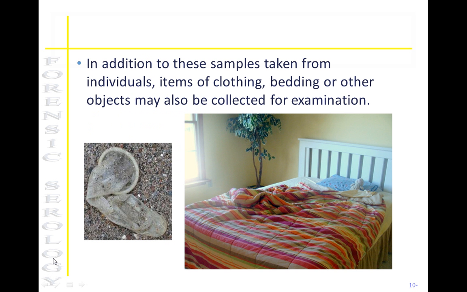In addition to the kits, a lot of times there are going to be samples taken from individuals, items of clothing or bedding, or any other objects that might also need examination.